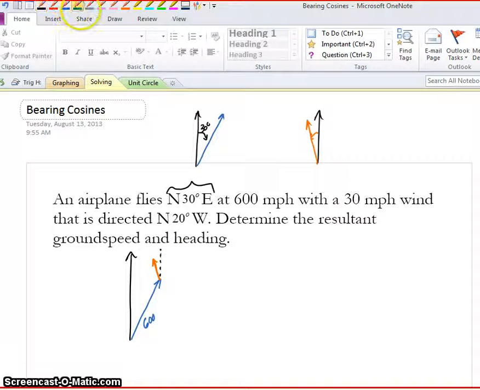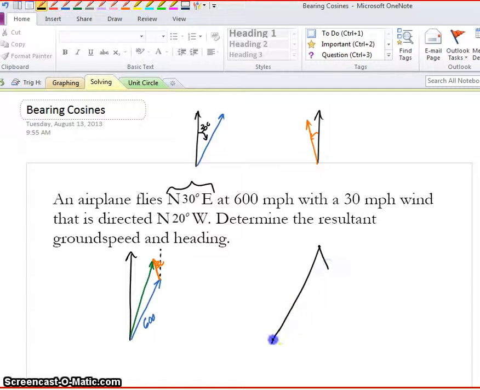Which means that the plane in all will be heading in the green direction shown here. So we have the wind at 30 miles per hour and the plane going at 600 miles per hour. Now our goal is to figure out how long is the green vector and what is the angle at which it's heading. So to do this, we want to look at this triangle that we've drawn with blue, orange, and green.